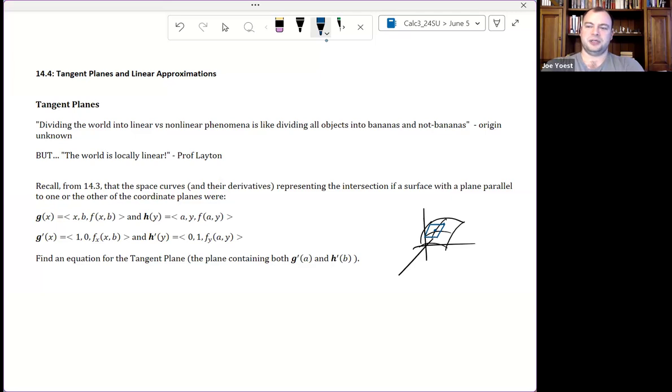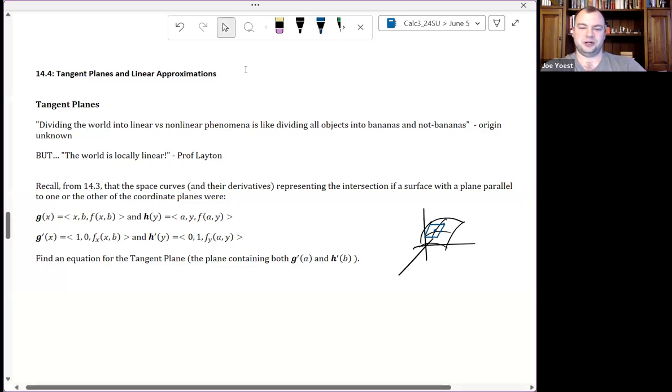And so long as the input that I'm interested in is close to the point of tangency, what does that mean? Well, maybe that's a more difficult question to answer, but so long as it's close enough to the point of tangency, my answer is not going to be exact, the plane versus the surface, but it should be pretty close. It should be a good approximation. And that's the whole thrust of this section, tangent planes, linear approximations.